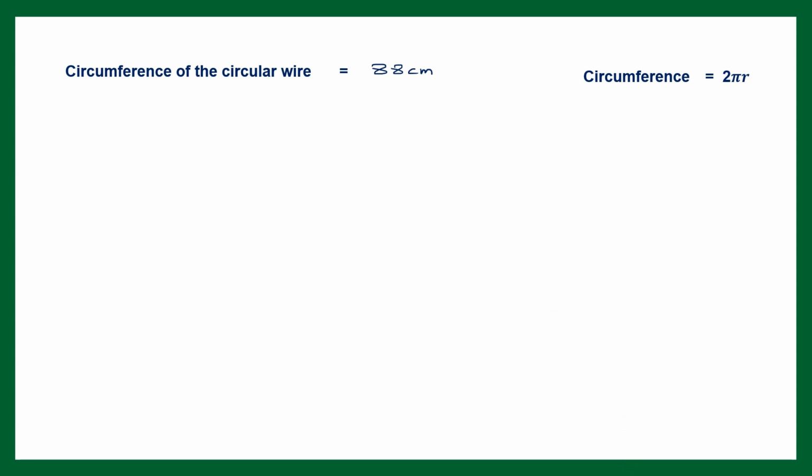Now let's write that. So this is now an equation. So 2 pi r is equal to 88 centimeters. Now this is 2 into pi, which is 22 by 7, into r, which is radius. All this is equal to 88 centimeters.